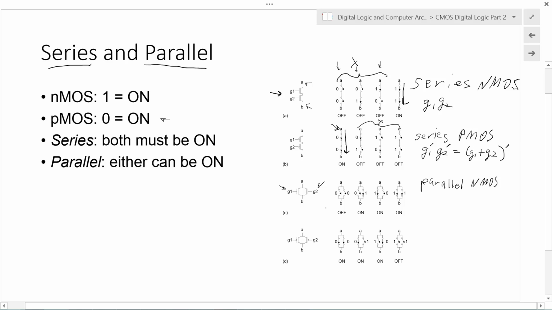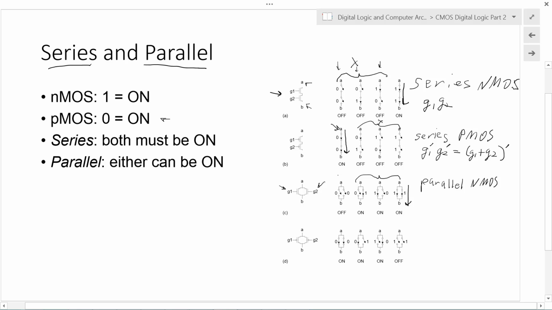Notice that because there is a parallel connection, there is a connection between A and B if G1 is 1 or G2 is 1 or both. So for these three cases, there is a connection because either G1 is 1 or G2 is equal to 1.